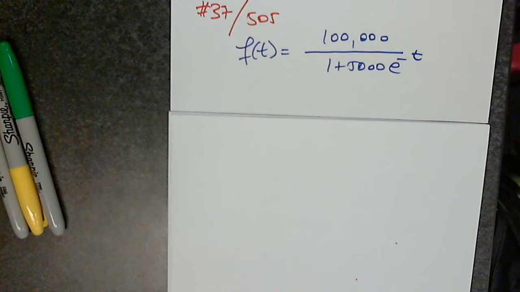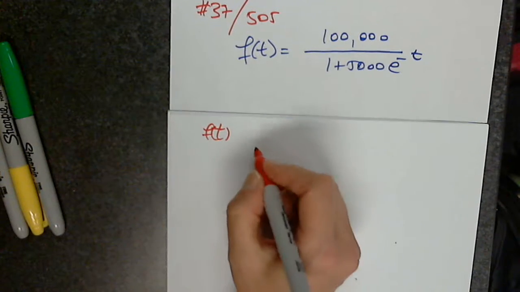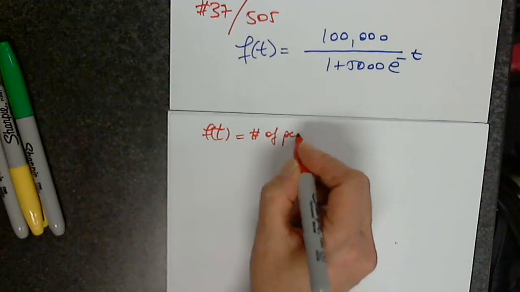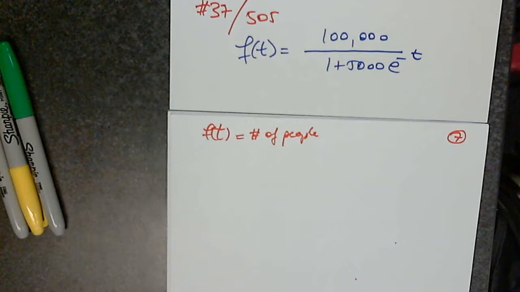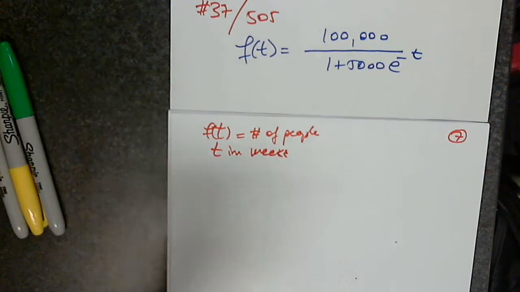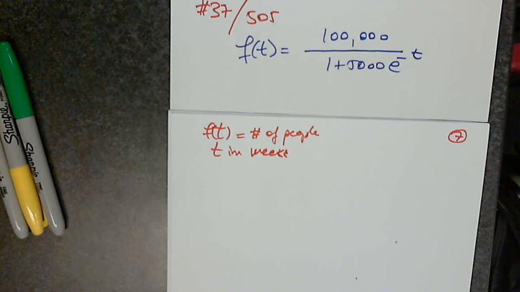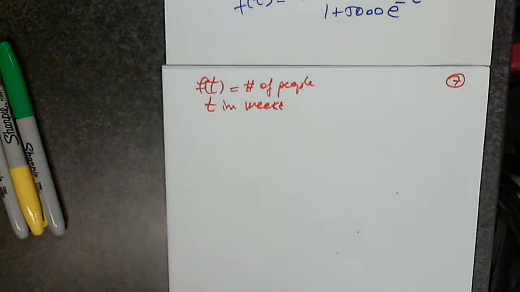It says it describes the number of people, f of t, who have become ill with influenza, t in weeks, after its initial outbreak in a particular community. How many people became ill with the flu when the epidemic began? What does that mean? What am I asked to find?